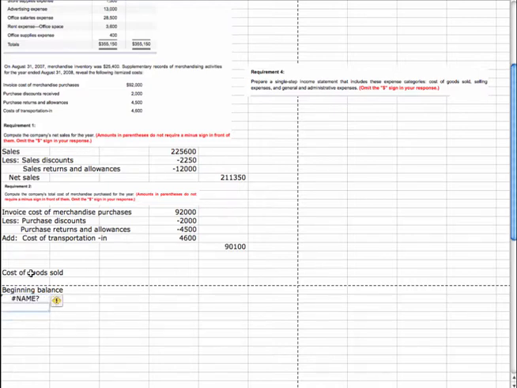That'll give us our merchandise available for sale. Then we say minus our ending inventory. That'll give us our cost of goods sold.